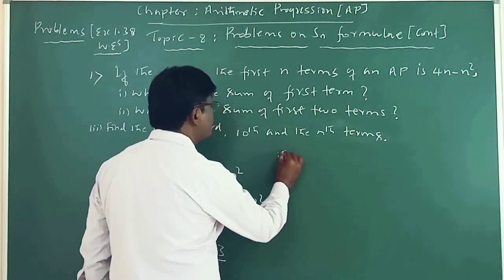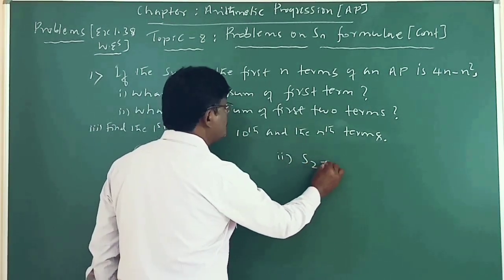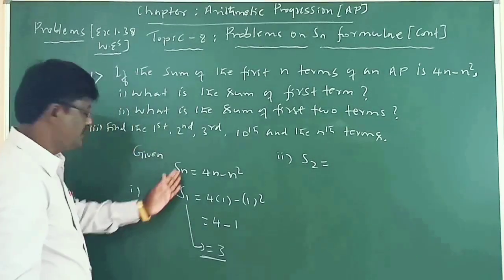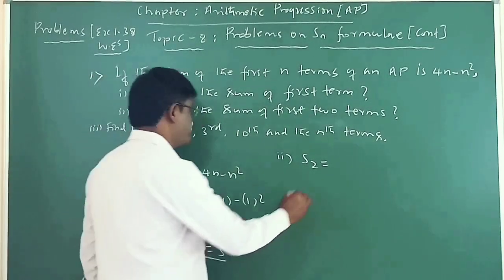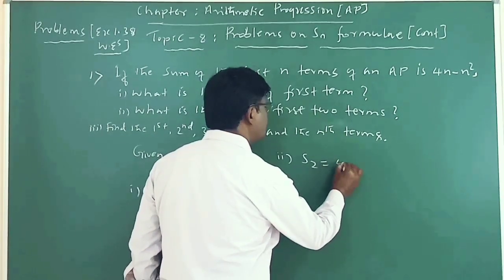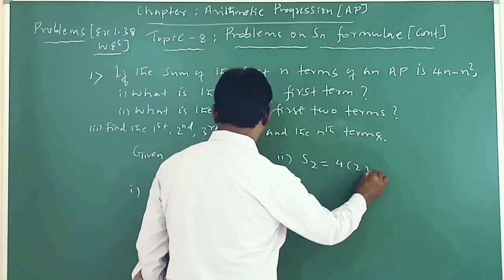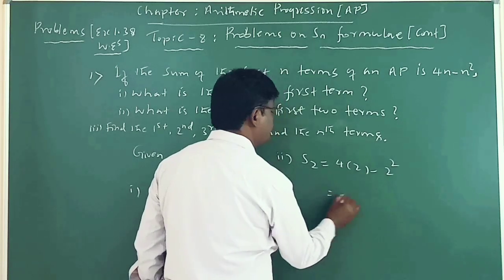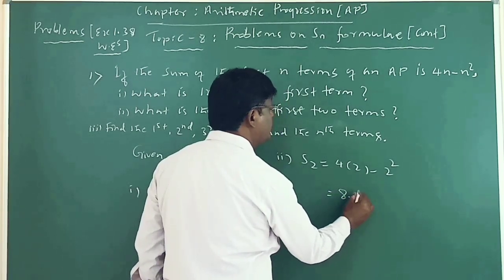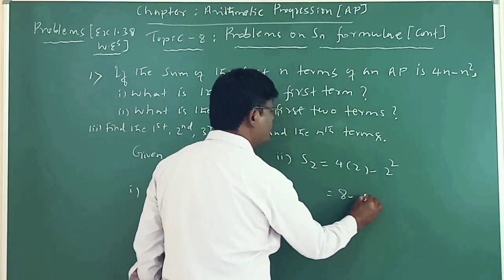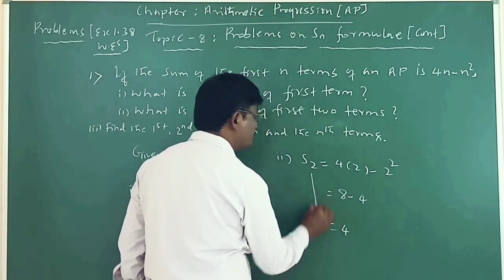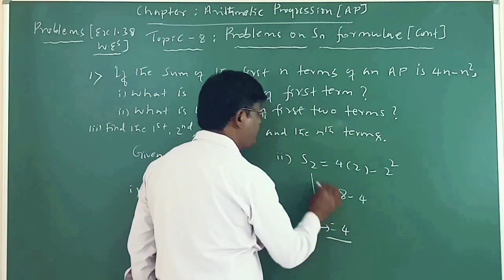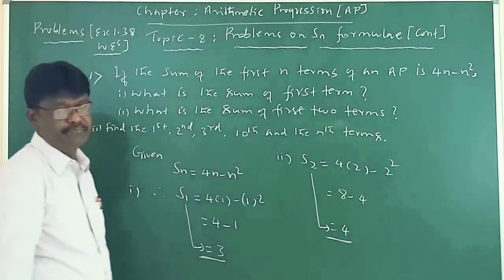Therefore S2 equals 4 into 2 minus 2 squared. 4 twos are 8, 8 minus 2 squared, which is 4. 8 minus 4 is 4. So the sum of the first two terms is 4.